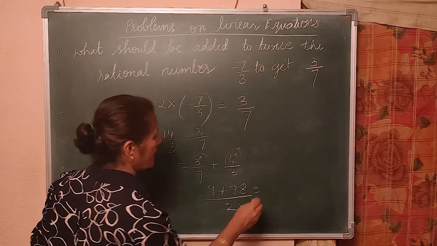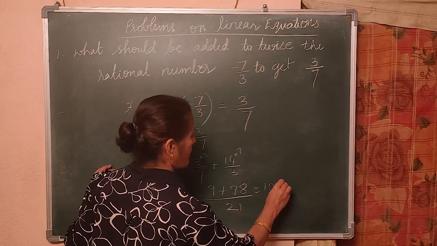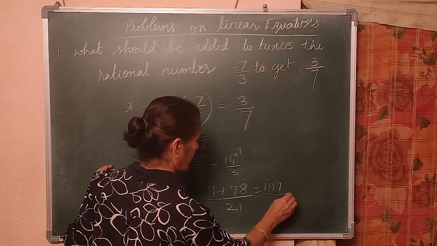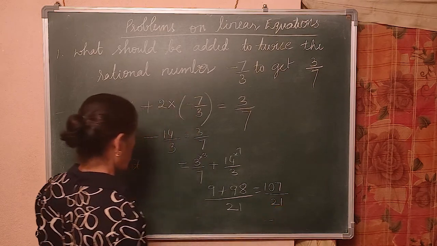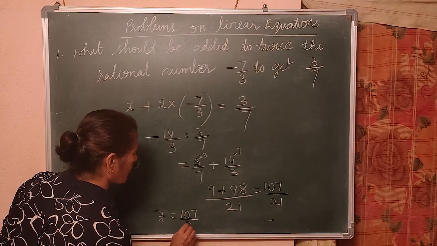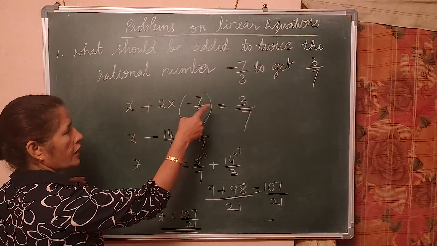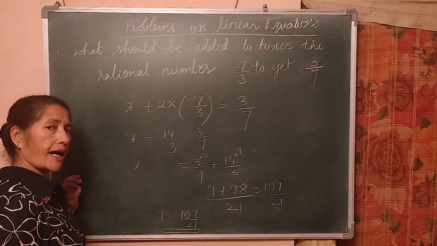So 9 plus 98, how much? 107 divided by 21. So x is equal to 107 by 21. So this number should be added to this to get 3 by 7. I hope you understood.